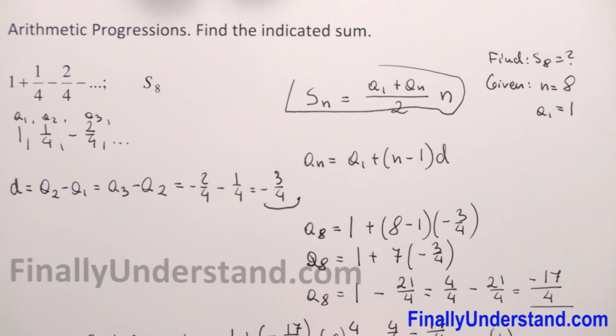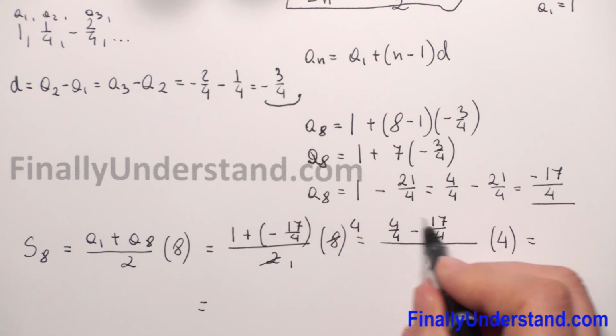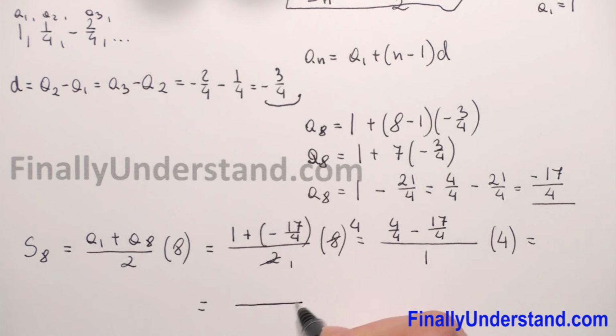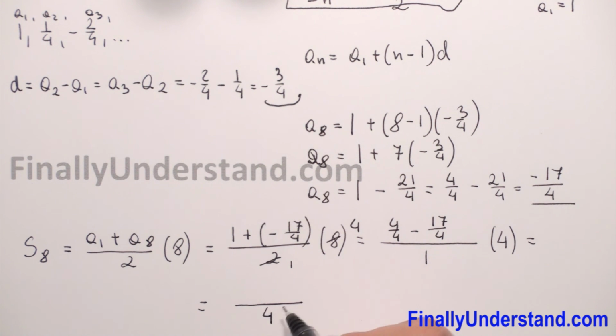So this is equal to, we have over 1, so we don't need this fraction bar. We have only this numerator, a subtraction of fractions with the same denominator, so we copy the denominator. 4 minus 17 is negative 13, times 4.